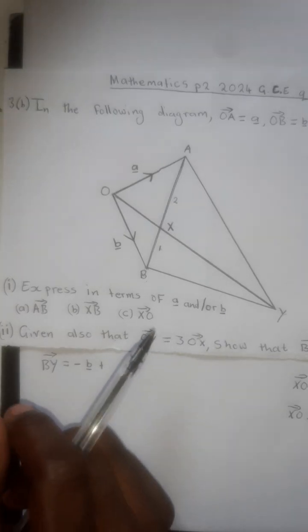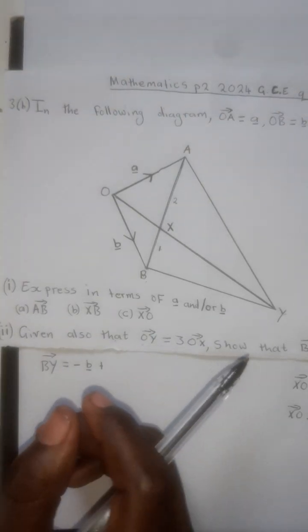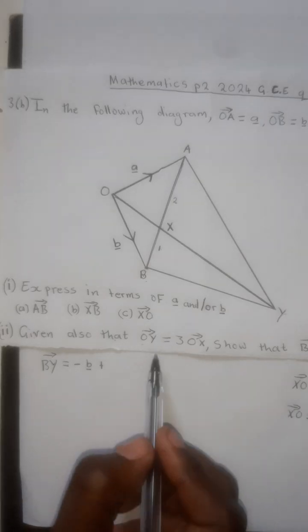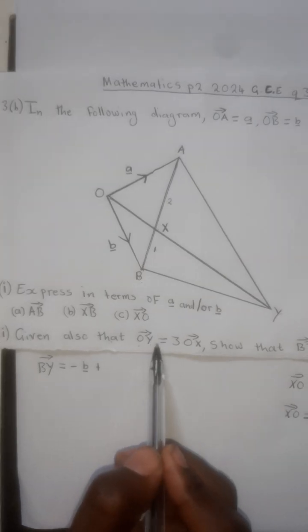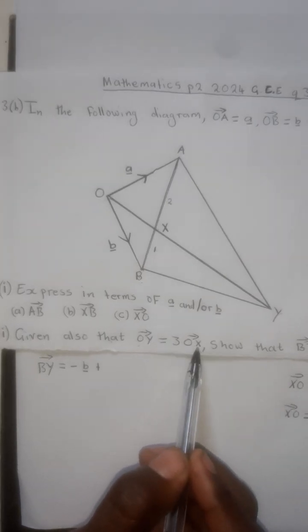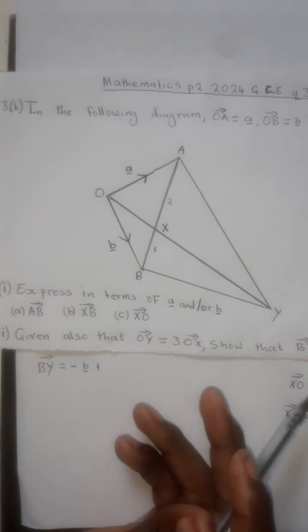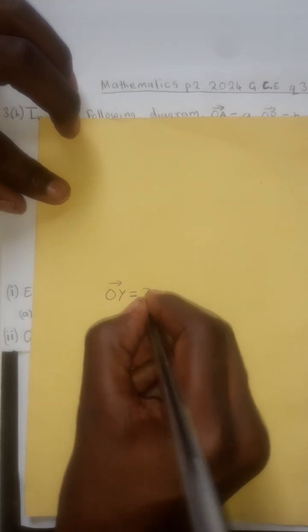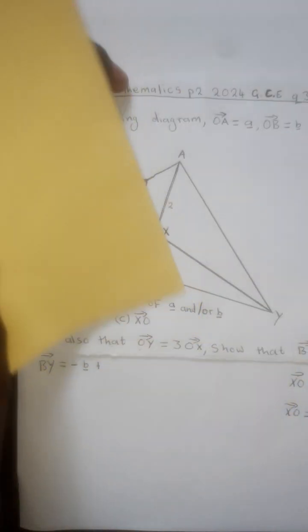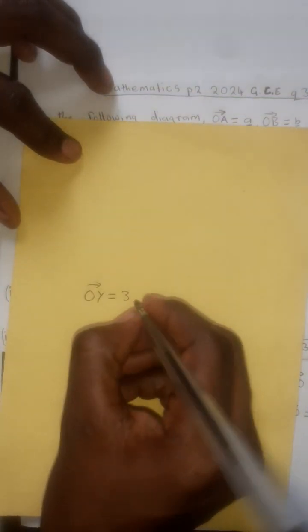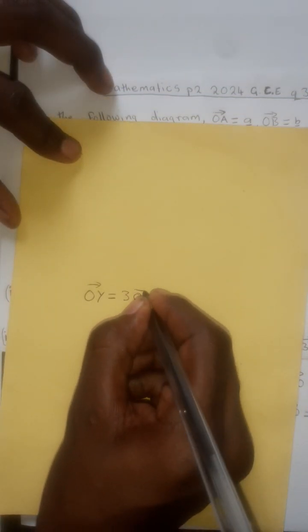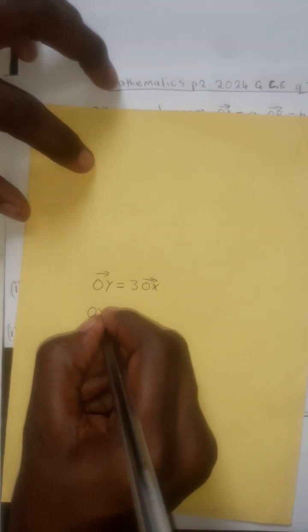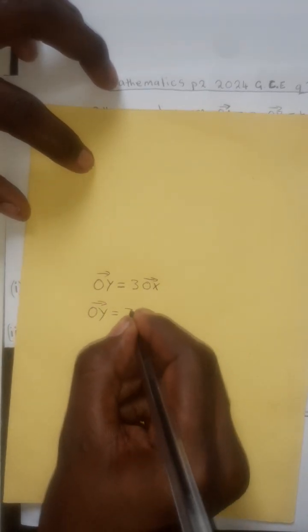OY. Okay, separately, let me show you how we're supposed to find OY so that you don't get confused. Mind you, they're saying OY is equal to 3OX. This is very important. So let's find OY somewhere here. OY should be equal to 3 OX.